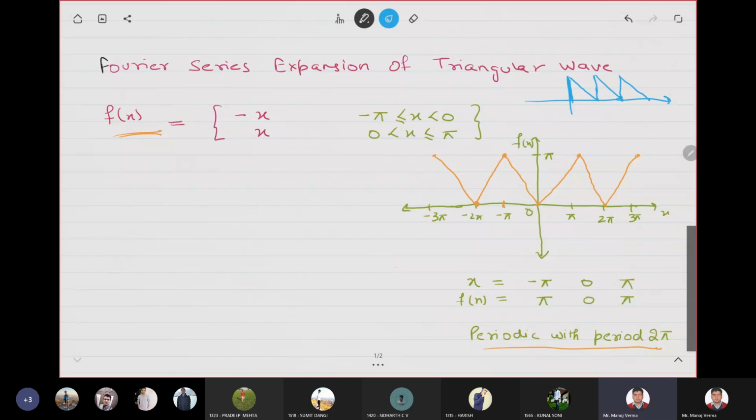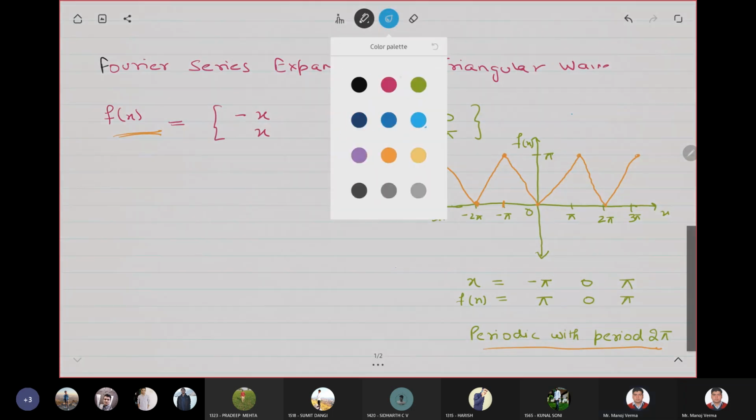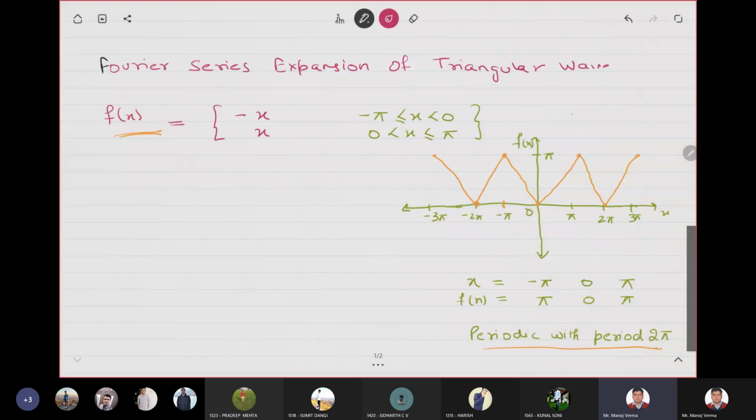If we want to see the Fourier series expansion of a triangular wave, then we must calculate the Fourier series coefficients a0, an, and bn for this function.